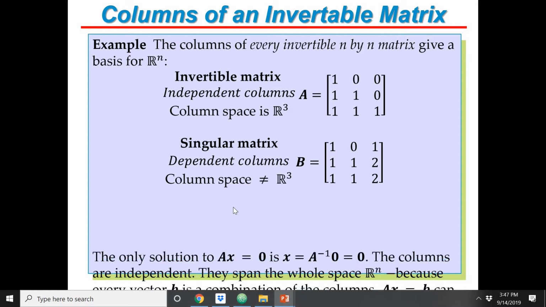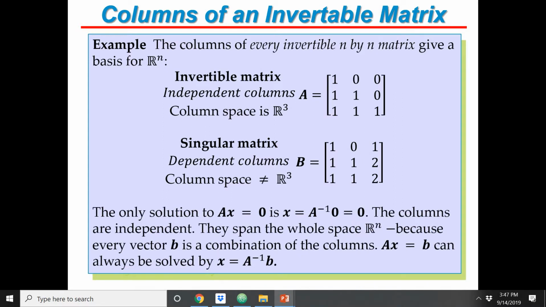And again, if you really want to formally do this type of calculation, to investigate invertibility and the existence of non-zero solutions to the null space problem, you need to do the elimination all the way to the R matrix, and at the end you decide if the matrix is invertible or not.